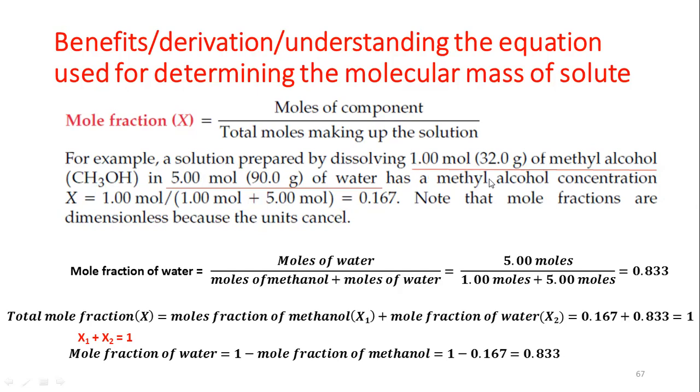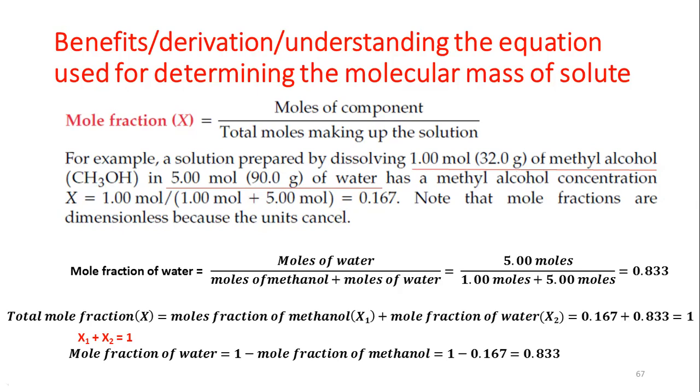If you dissolve 1 mole of methyl alcohol in 5 moles of water, 1 mole is 32 gram, and 5 moles of water are 90 gram, since 1 mole of water is 18 multiplied by 5, that means 90 gram.